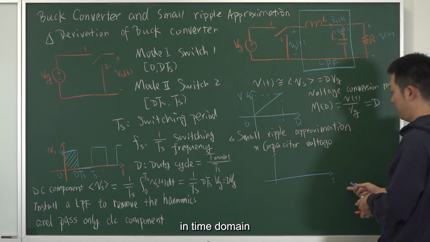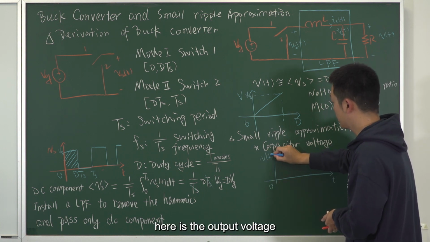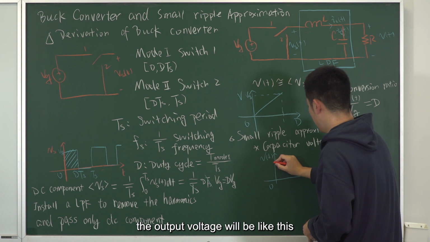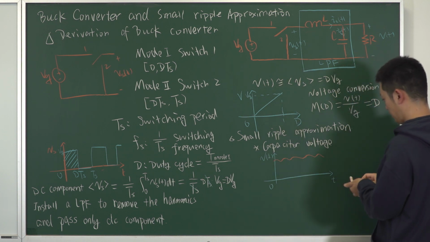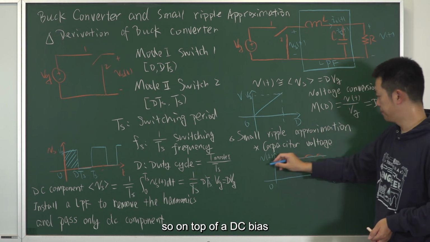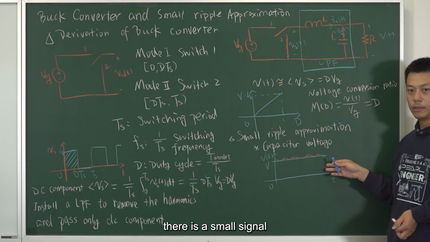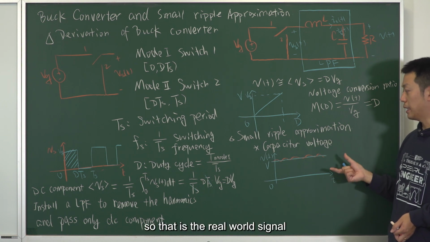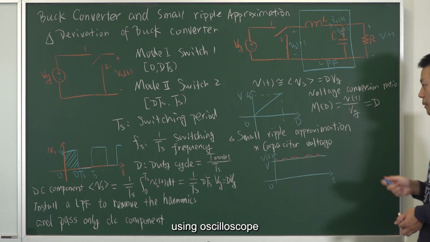In the time domain, here is the output voltage. Usually for a DC converter, the output voltage will be like this: on top of a DC bias, which we mark as capital V, there are small signal variations. That is the real-world signal you will observe when you measure using an oscilloscope.